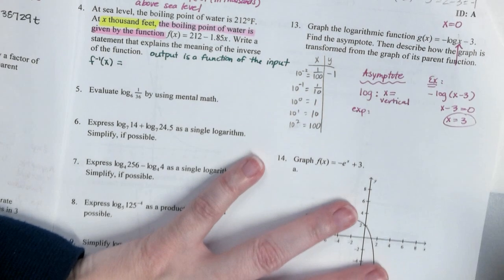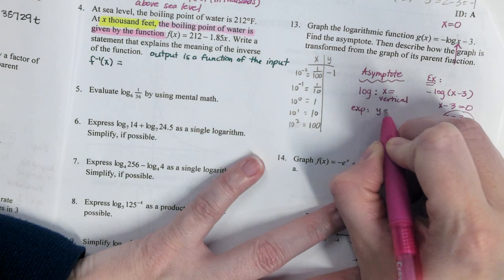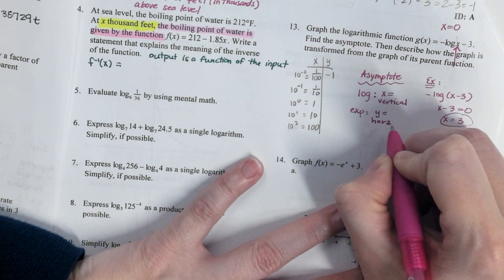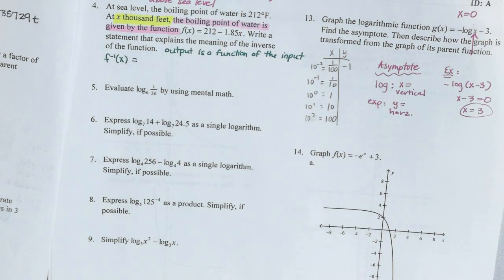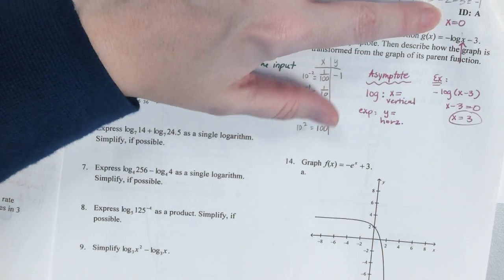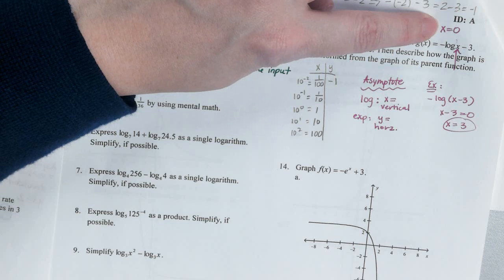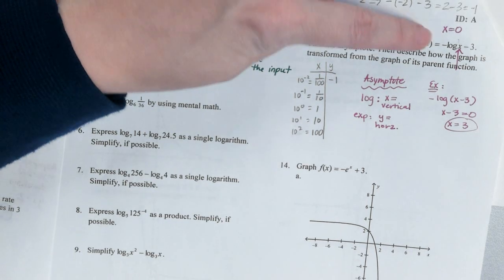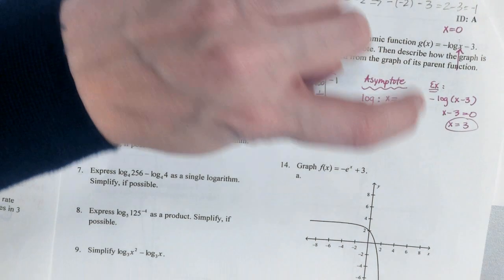If it's exponential, it's what? Yes, a horizontal, so it's y equals. If it's multiple choice, what I would be looking for is there's probably an answer that has y equals 0. If there's something that has y equals and it's a log function, no, that can't be the asymptote. If it's a log, it has to be x equals.